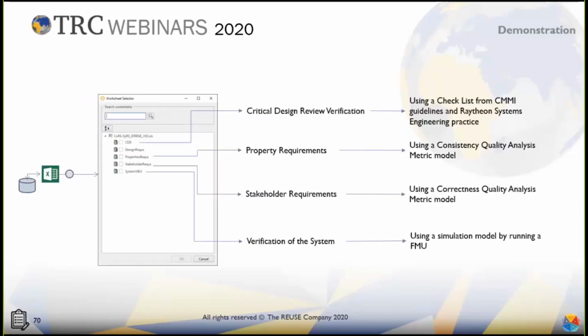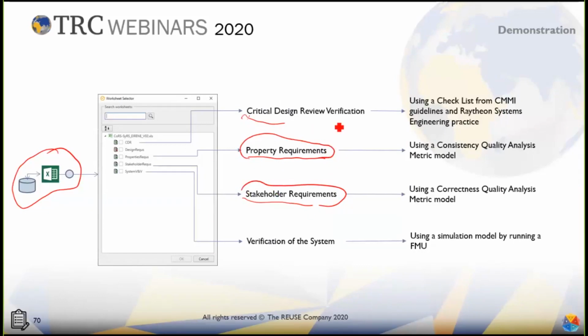Okay, let's get into the demonstration. In order to do that, I'm going to show you a long video, around 14-15 minutes, where you are going to see how I work with Excel. I'm going to open an Excel that covers verification of several aspects, particularly low level, or let's say system property requirements and stakeholder requirements.